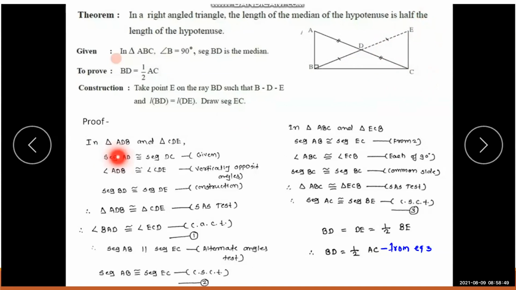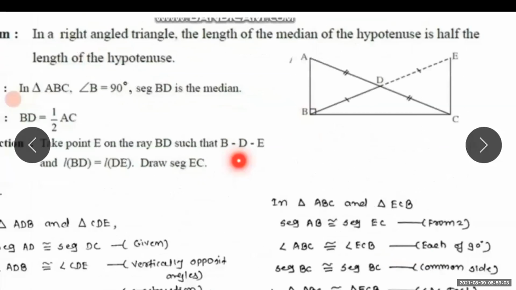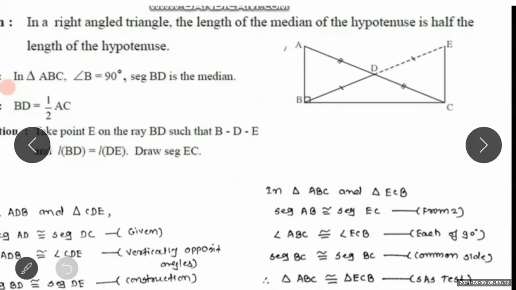Now, see triangle ADB, and the second triangle is triangle CDE.